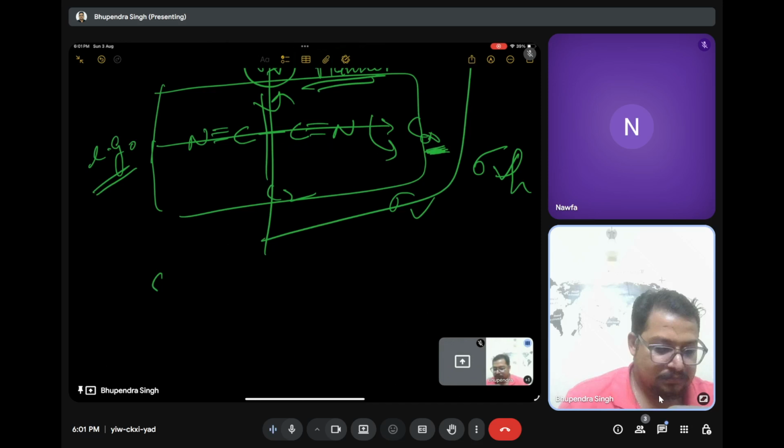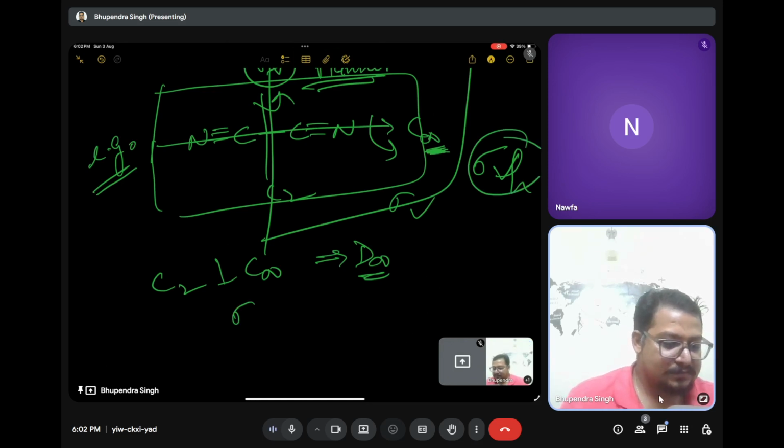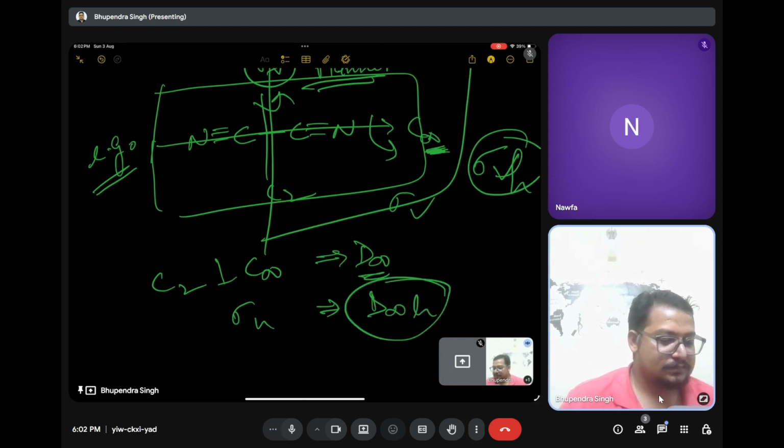So C2 is perpendicular to C infinite, means you will get the D infinite H, and you have sigma H, means sigma H is present, means your point group will be D infinite H.